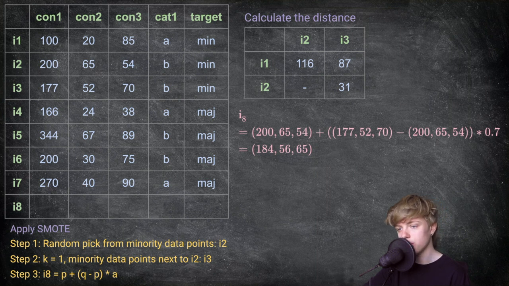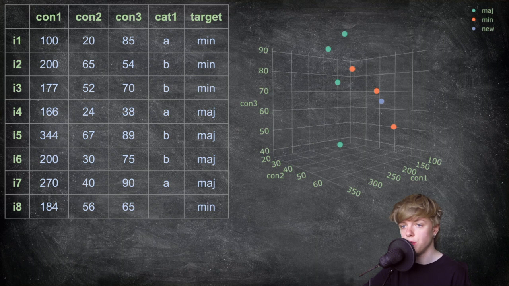We do that for all 3 variables and we end up with the point 184, 56, 65. Now, of course, we still don't have a categorical 1 variable value. But this is what the data would look like right now if we do not include that variable. You can see that the new data point lies in between 2 minority points.